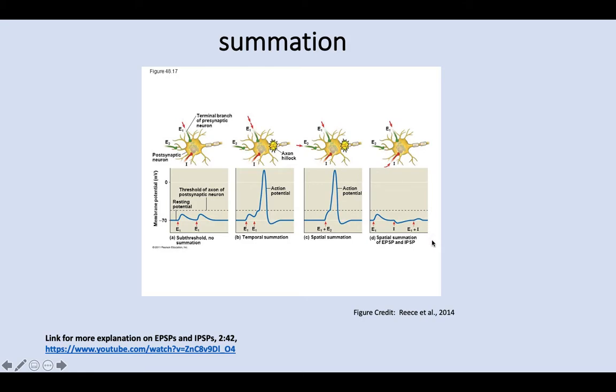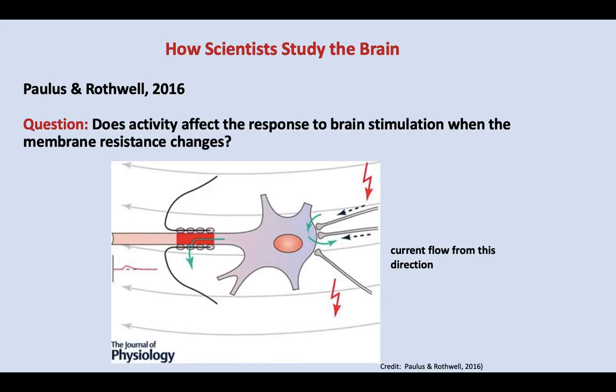It's this integration of how many we're getting and where we're getting them from for each of these neurons that's going to have some effect. Down here, I just included a link. It's a very good little review of EPSPs and IPSPs, and you can look at that if you need to.